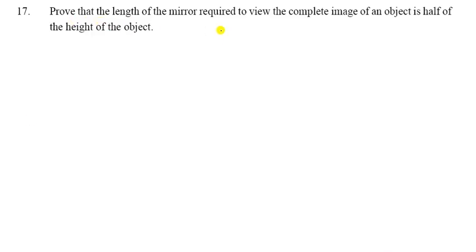This is called the principle of reversibility. So you can write in your copy. Now come to the next one.